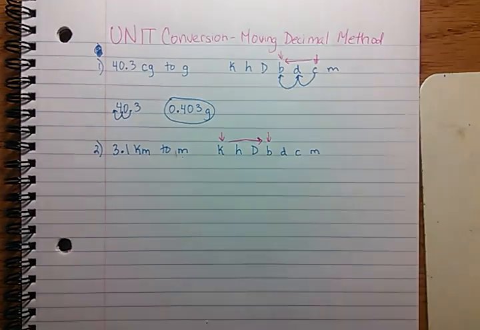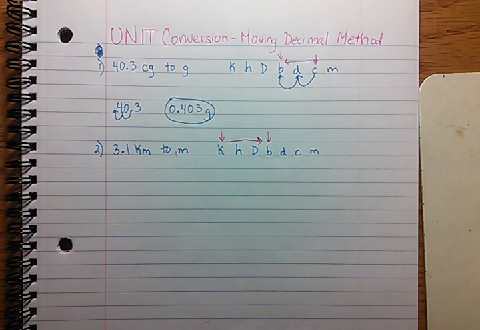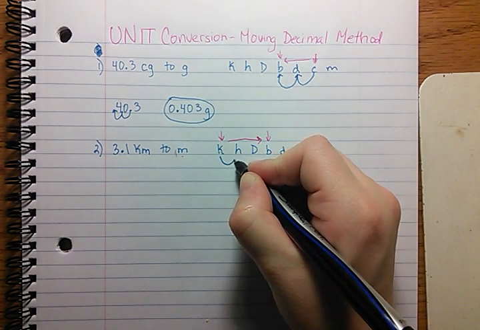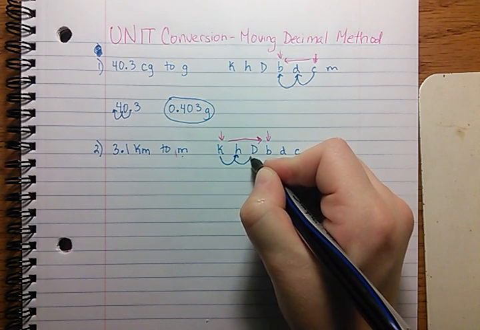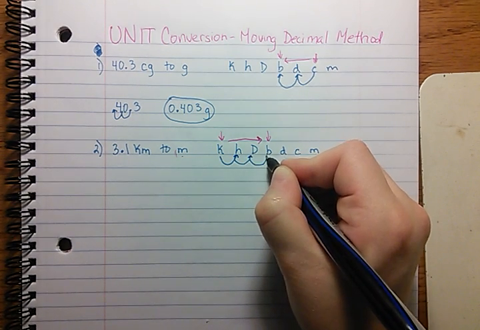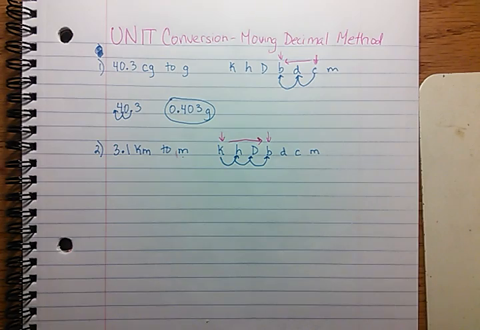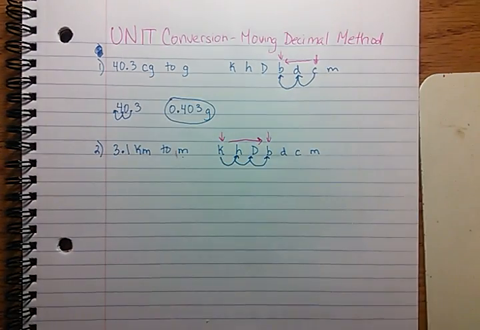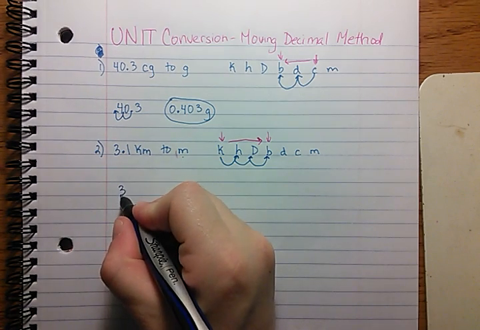So now we just have to count how many times we move the decimal over. So remember, you don't count the one that you start on, so you go 1, 2, 3. So you're going to end up moving the decimal 3 places that way. Let's rewrite our number.